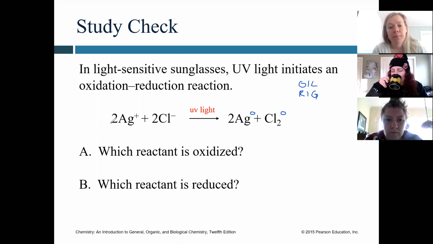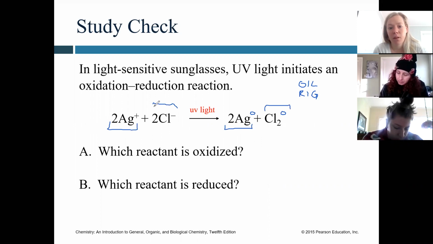All right, so let's pair them up. So this thing and this thing and this thing and this thing. I still use OIL RIG sometimes, like when my brain's not working, I'm like, wait, which one is the loss of electrons? So I'd write that out whenever you're doing an oxidation reduction. Here, we have a plus charge and we go to a neutral charge. Both of these actually end up going to a neutral charge.